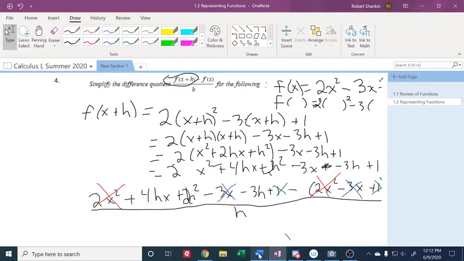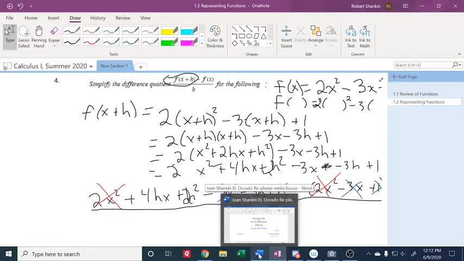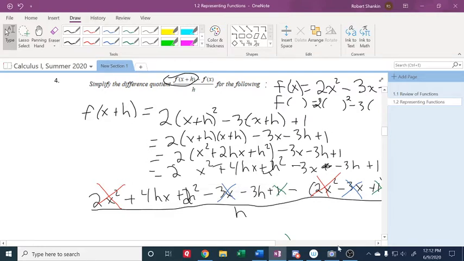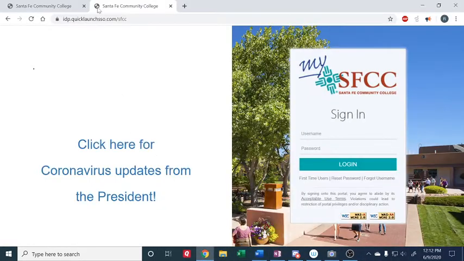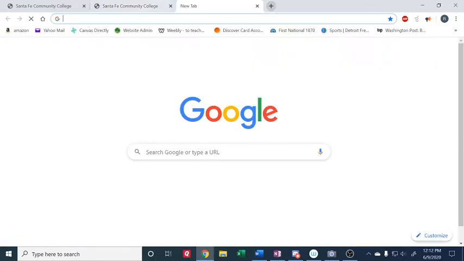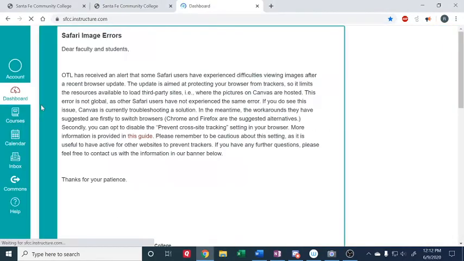There was a question at the end of class last time about how the tests are going to run. So let's get into Canvas.